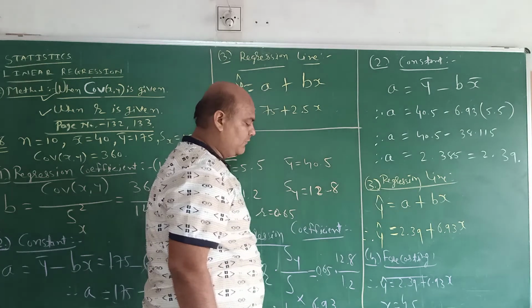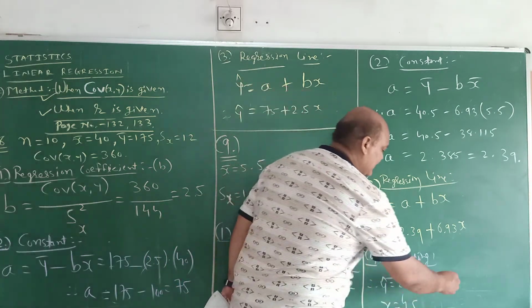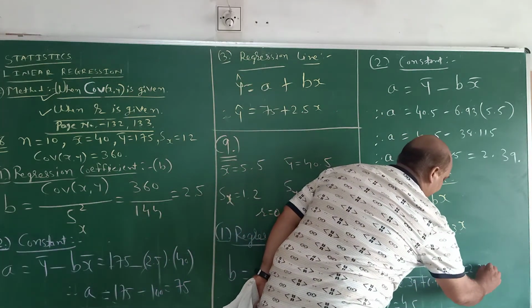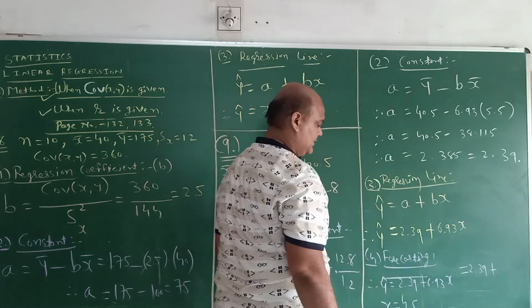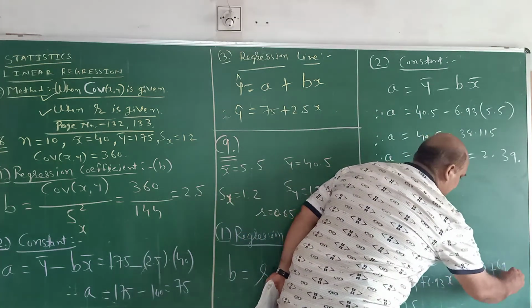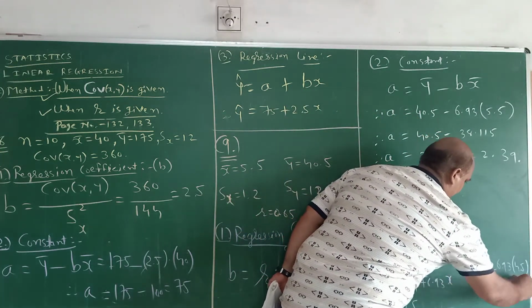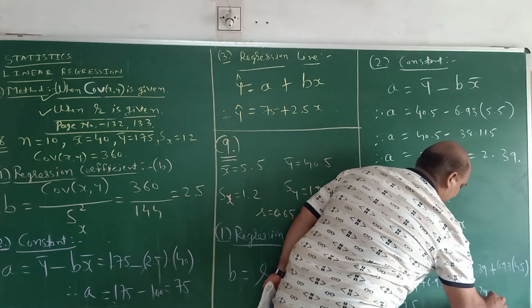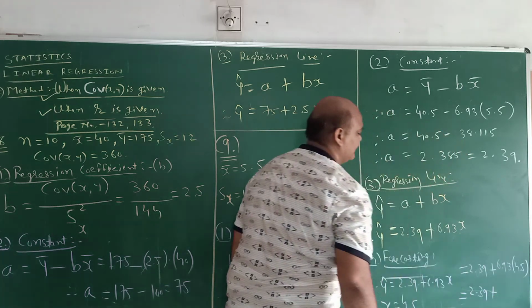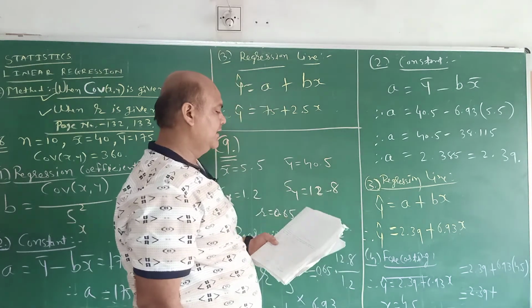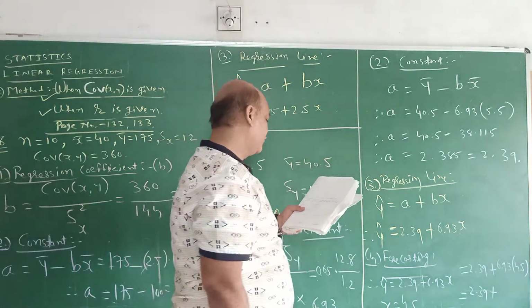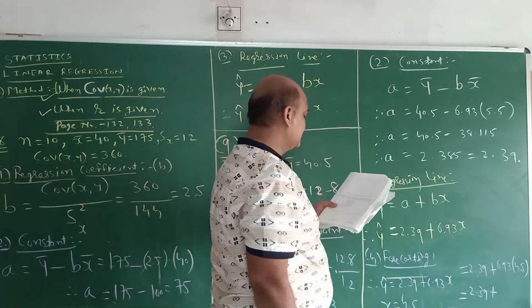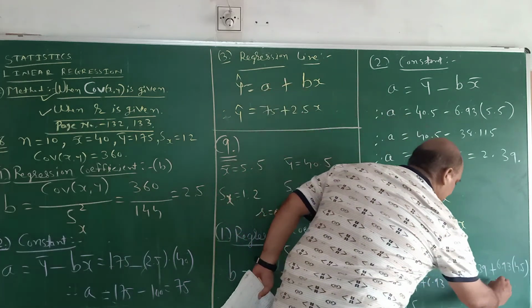We put the value of x in the regression line, 2.39 plus 6.93 and 4.5. 2.39 plus 6.93 into 4.5, that is 31.185.